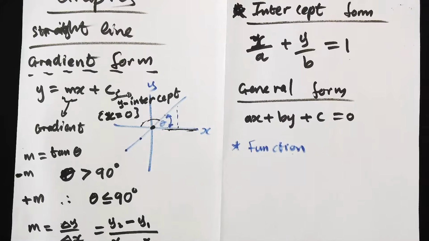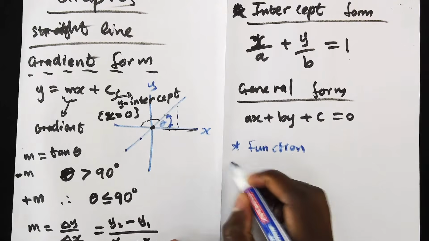So we say this is a function. A relation type of graph produces two values of y. If you have one x value, you'll have two values of y at one ordinate of x. That's what we call a relation, but this is a function.